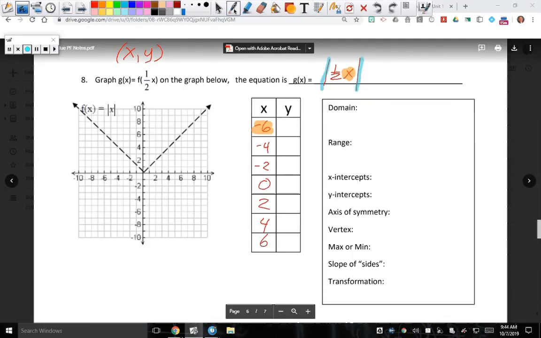So I have a -3 right now, but after the absolute value is applied, what would I have? A +3, right? So it'll be a +3. There we go. -4 times 1/2 is a -2. I take the absolute value of that, and I get a +2.